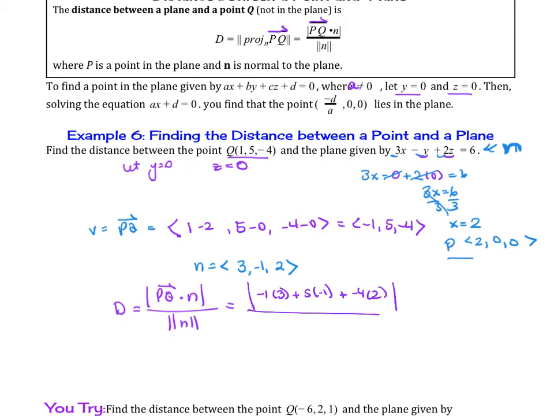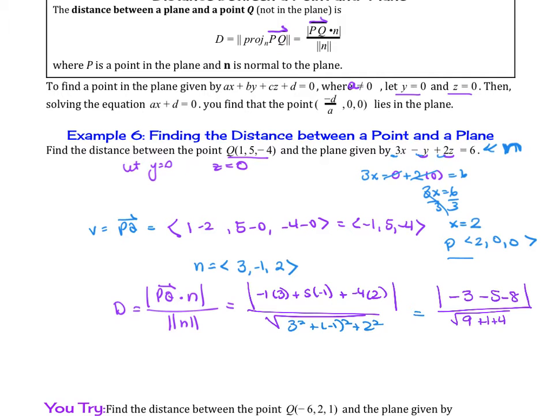Over the magnitude of n, that is the square root of 3 squared plus negative 1 squared plus 2 squared. So the top is the absolute value of negative 3 minus 5 minus 8, all over the square root of 9 plus 1 plus 4.